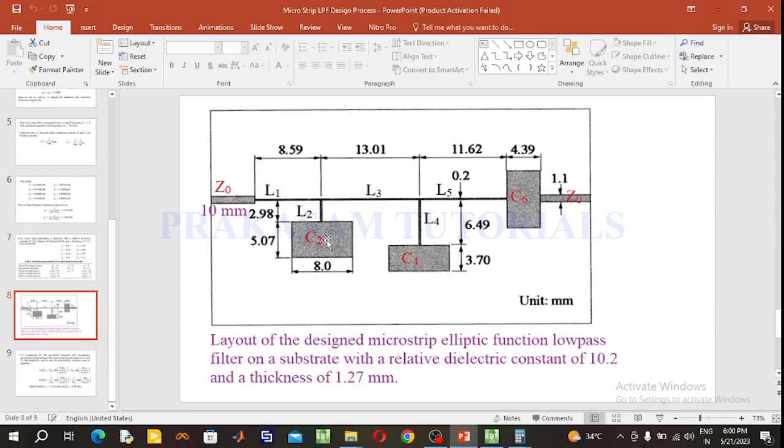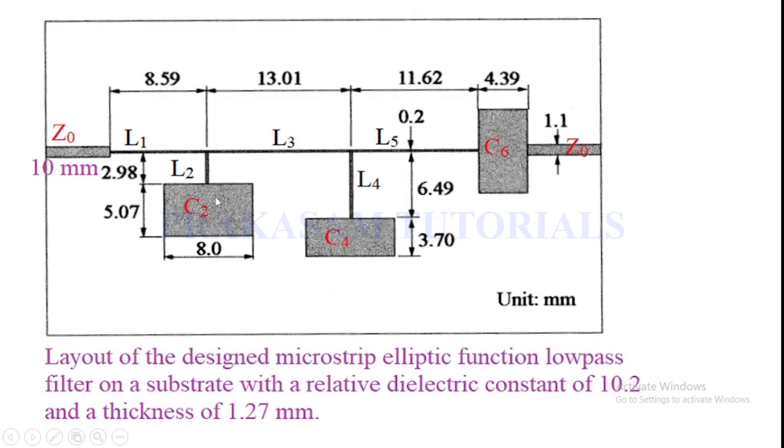So the length of the inductor is 2.98 mm, and the width of L2 is 0.2 mm.